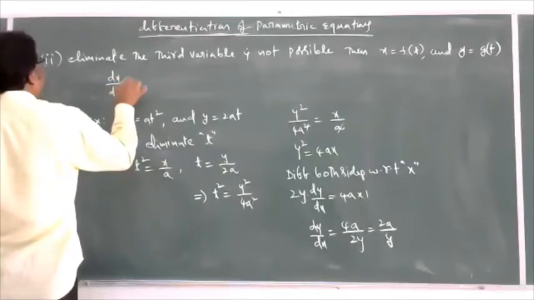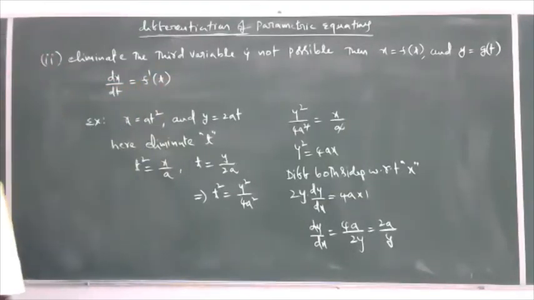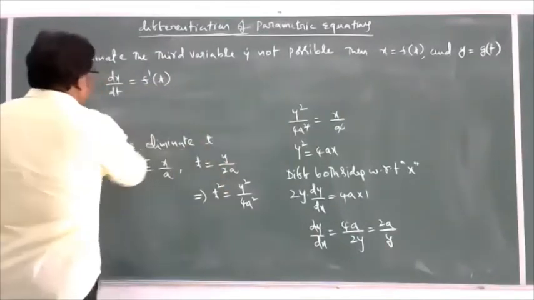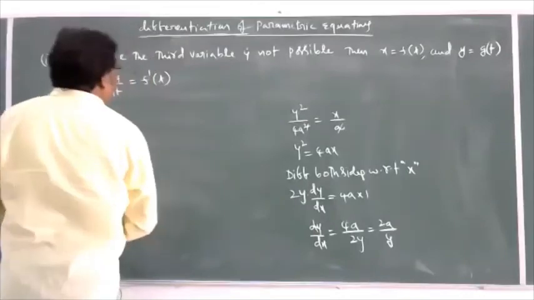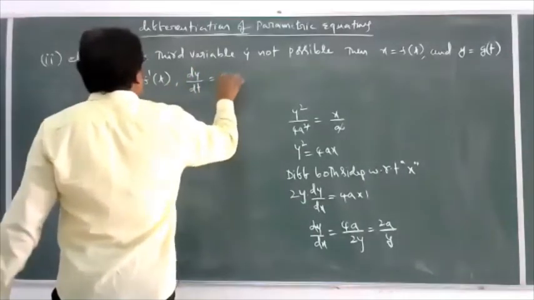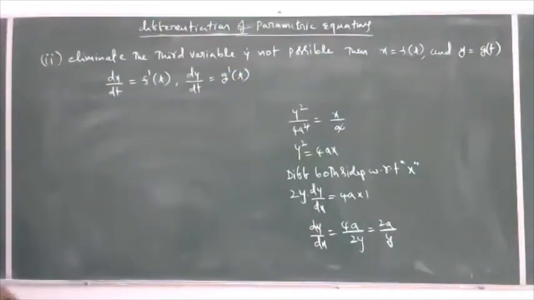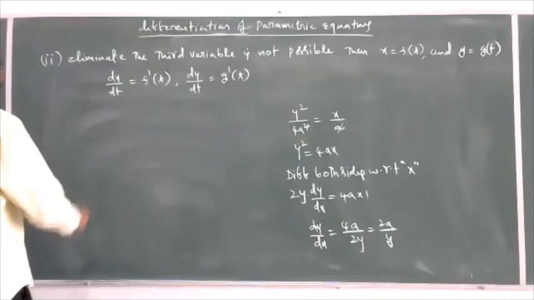dx by dt is equal to f dash t. dy by dt is equal to g dash t.